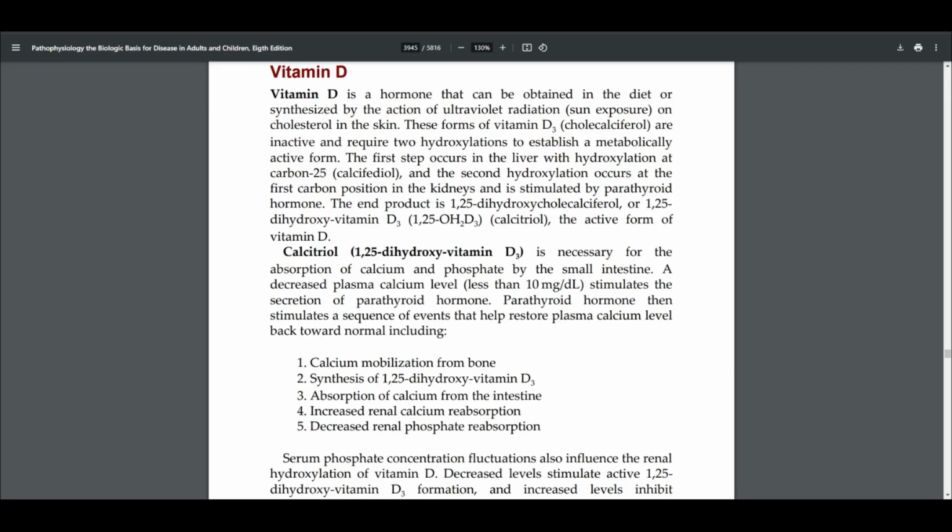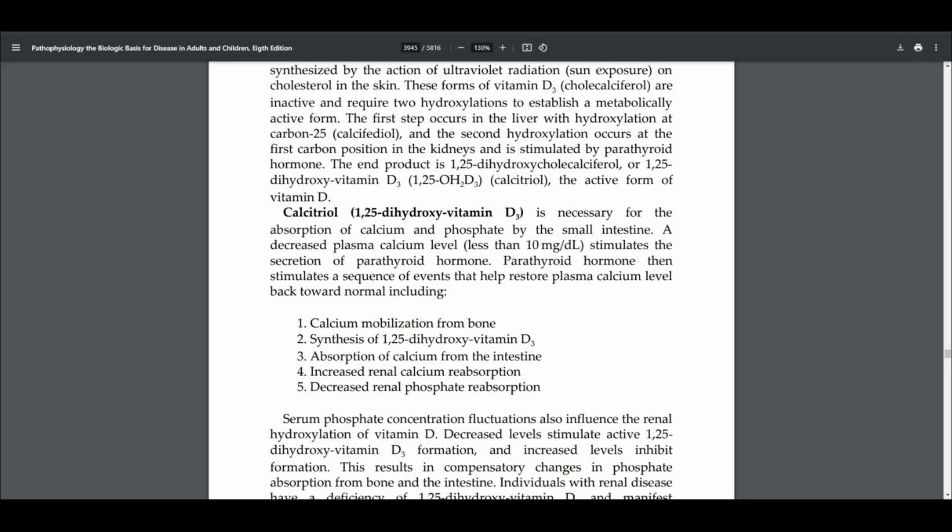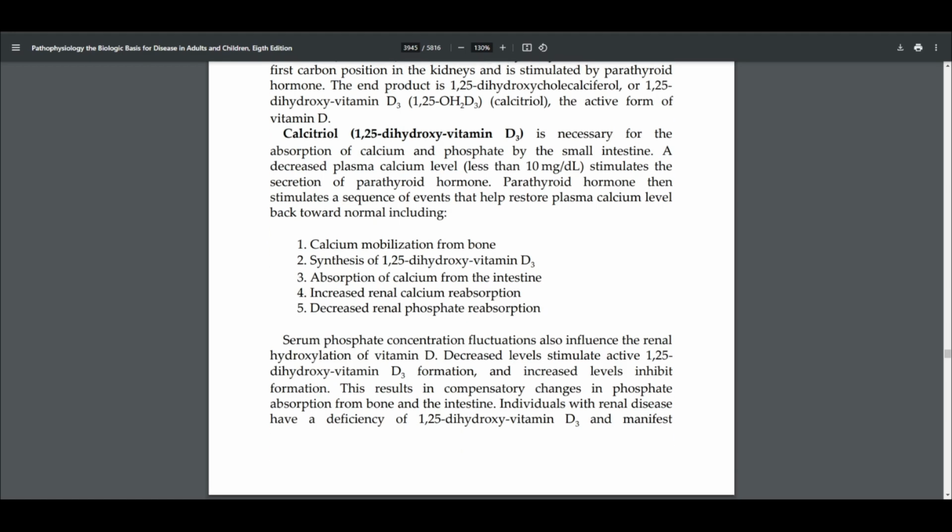The end product is 1,25-dihydroxycholecalciferol, or 1,25-dihydroxyvitamin D3, the active form of vitamin D. Calcitriol is necessary for the absorption of calcium and phosphate by the small intestine. A decreased plasma calcium stimulates the secretion of the parathyroid hormone.